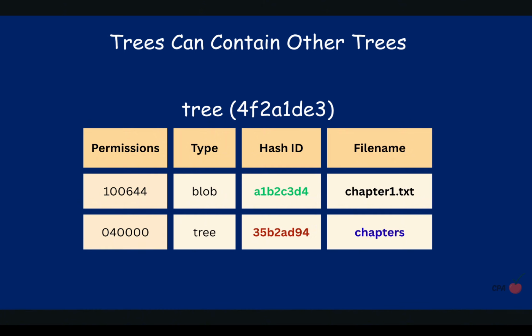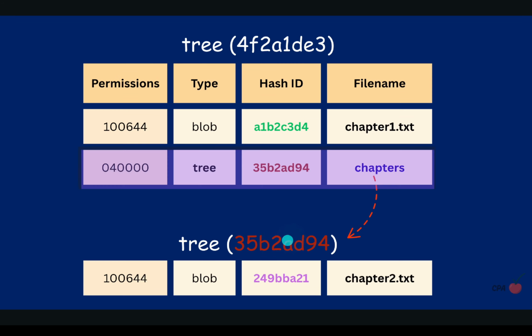Just like a folder can have files and subfolders, a tree similarly can have blobs as well as subtrees. And our chapters tree here with this hash ID will itself point to another blob. If we look at the chapters tree, it will list that chapter 2 is related to this hash ID.